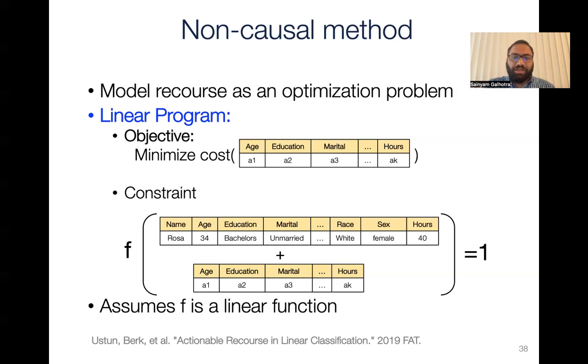The classifier function here is denoted by f. To solve this linear program, it assumes that the classifier function f is linear, and therefore it uses efficient LP solvers to generate a set of actions or the set of changes that flip the classifier outcome. As you may have guessed by now, this approach is non-causal and assumes that all attributes can be modified independently. Therefore, this approach can generate an outcome which may not be feasible in practice.